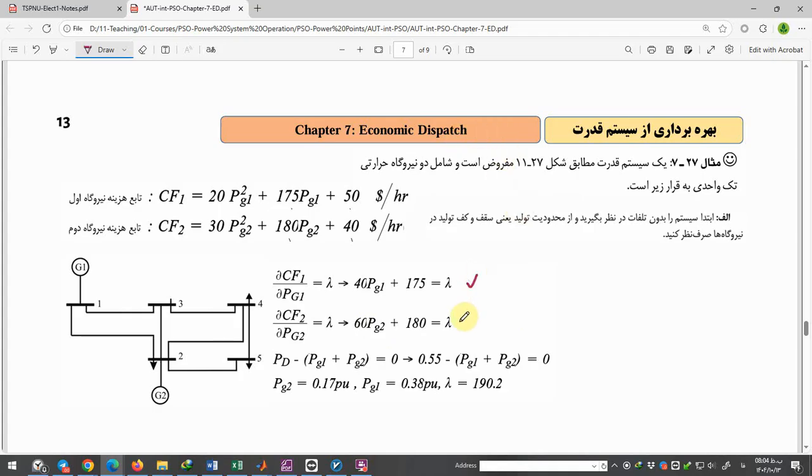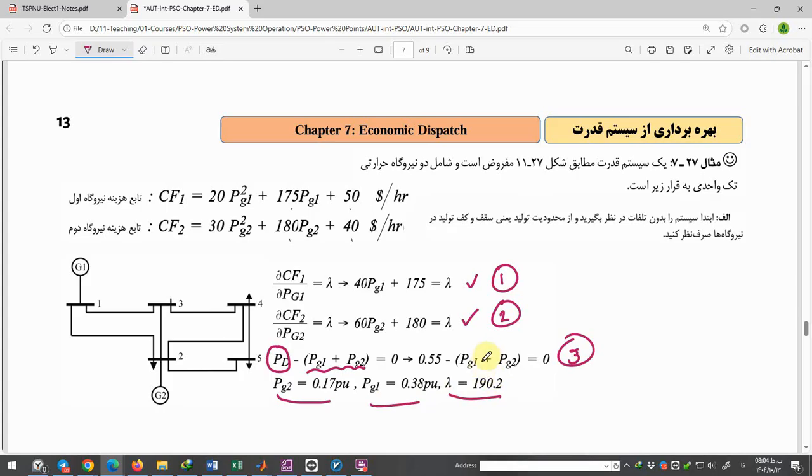And the balance of PD minus the whole generation would be 0. So this is equation number 1, equation number 2, and equation number 3, and after that we have a special formula for finding PG1, PG2, and lambda.